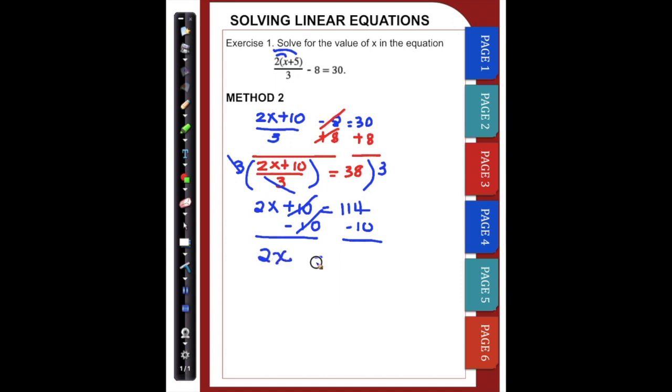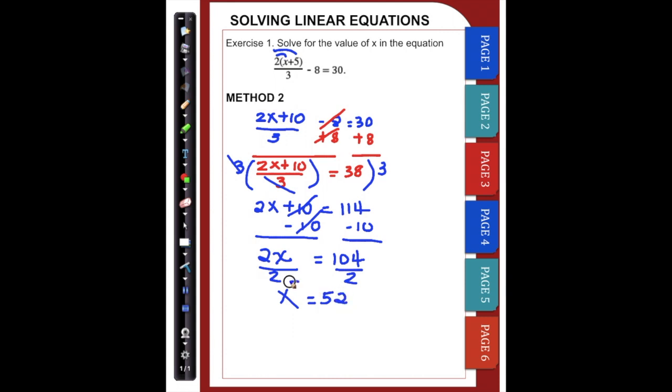Okay. Solve for x by dividing both sides by 2. We have 2 divided by 2 should give us 1x, or x, equal to 52. Did we get the same answer as the first method? Okay, so both are the same, x equals 52.